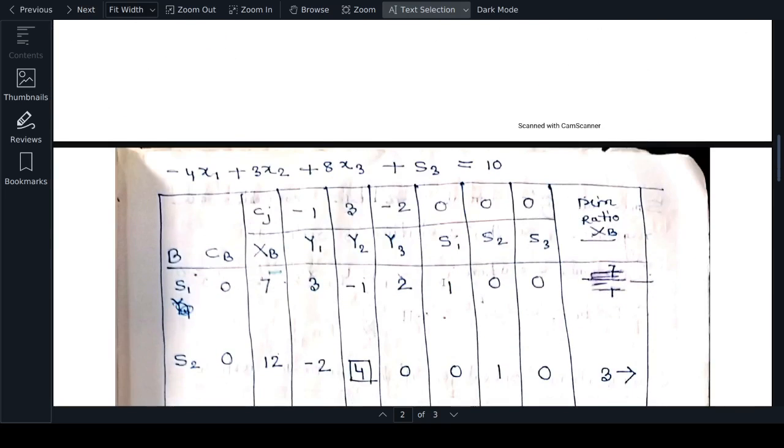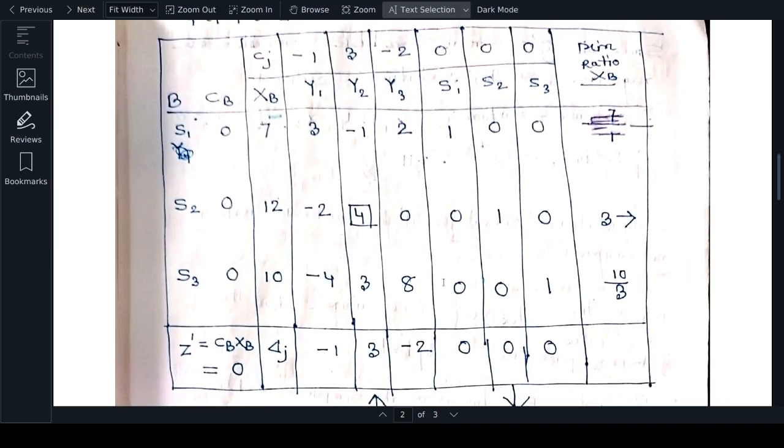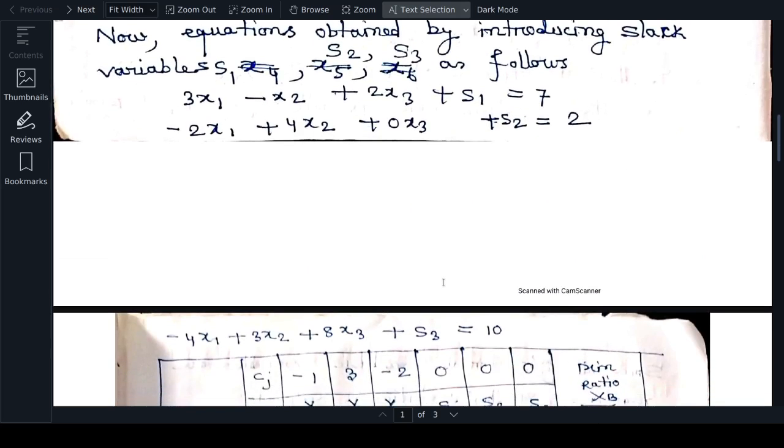Next what we do, here we get three equations and how many variables? Dipanshu, three equations, four variables? Six variables.